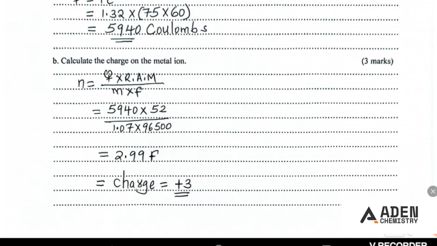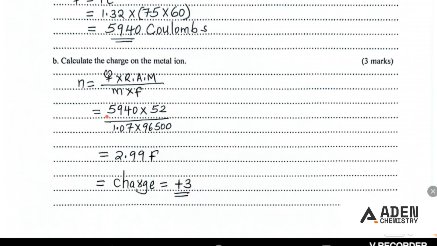Part B. In part B, we are asked to look for the charge. So we say n is equal to Q, that's the quantity of electricity passed, multiplied by relative atomic mass, in our case we are given 52, divided by m. m is the mass. We are given 1.07 times F, that's 1F is equal to 96,500 coulombs. So let's put it.